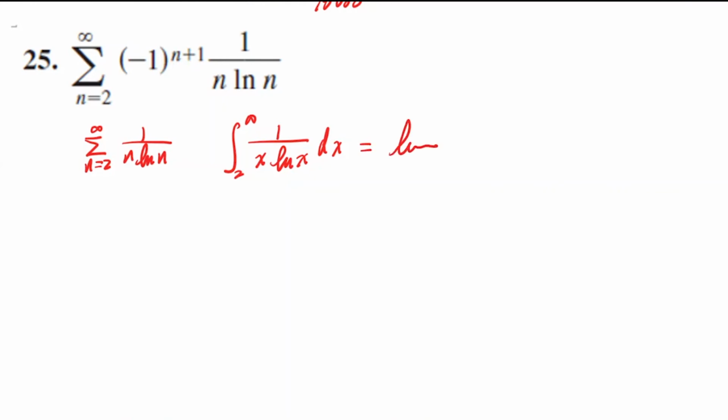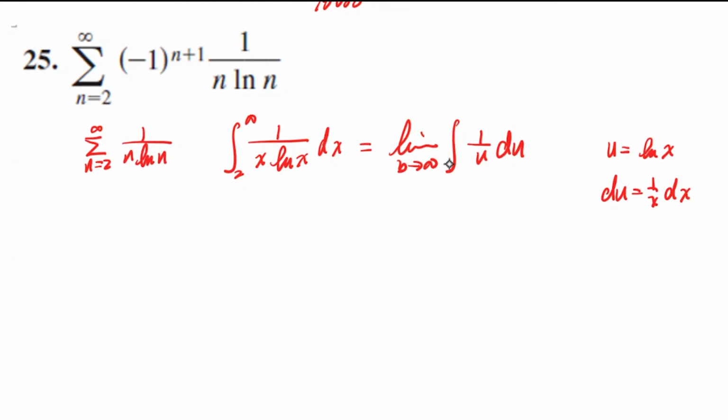U sub, of course, right? B approaching infinity. And we'll leave this, and then let's say u is equal to ln x, eh? And then du is equal to 1 over x dx, isn't it? So do you see that this becomes 1 over u du? Yeah. Do you not see that?